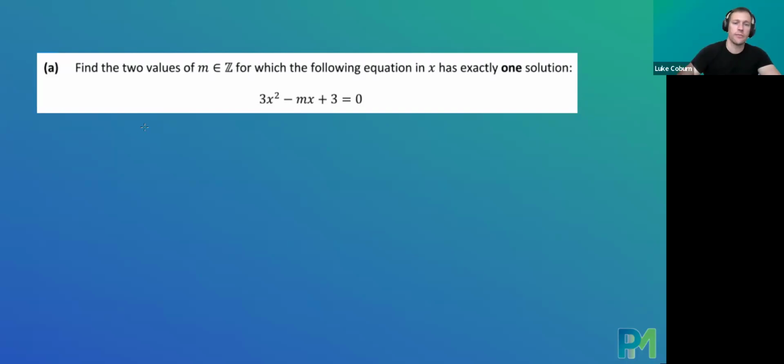Let me show you something that has exactly one solution: x squared plus 2x plus 1 equal to 0. Why? Because it's a perfect square.